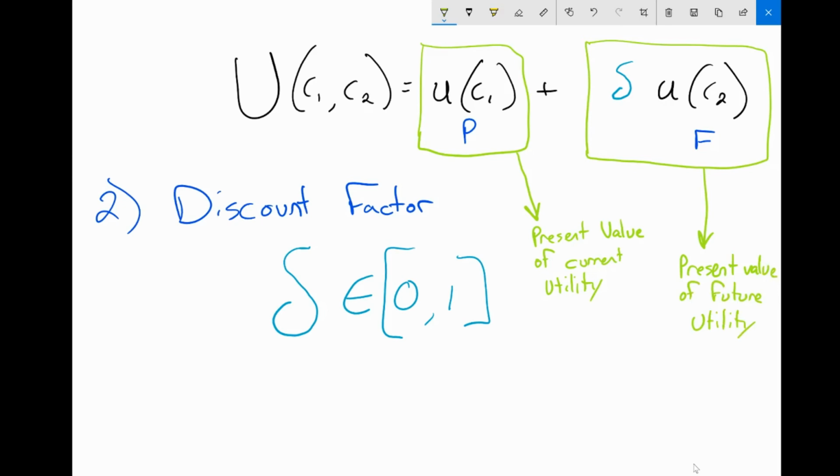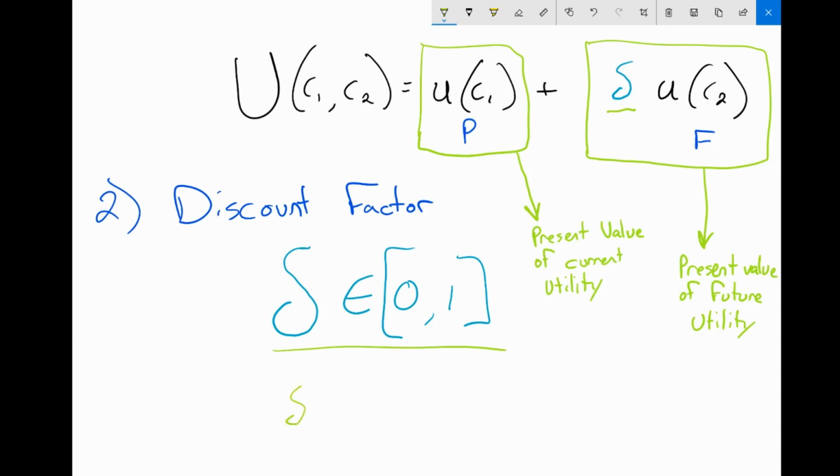All right, present value, that means the amount of value that I put today on the utility that I will receive in the future. And so to account for the fact that this utility is in the future, I multiply it by delta, which is a number, again, between 0 and 1, which means that I put less weight on the future than I do on the present.